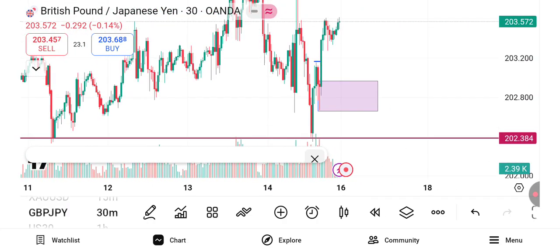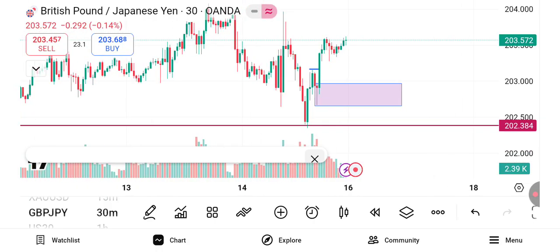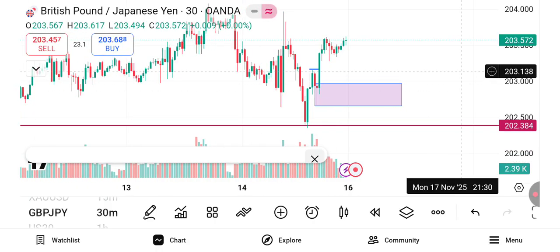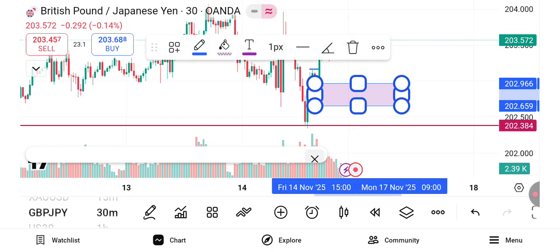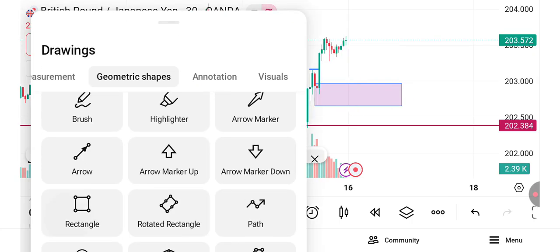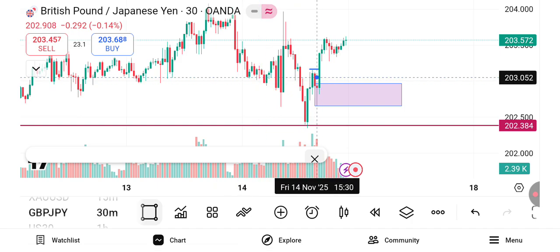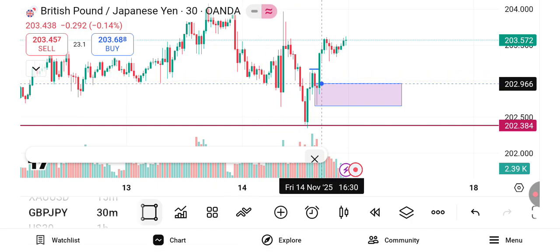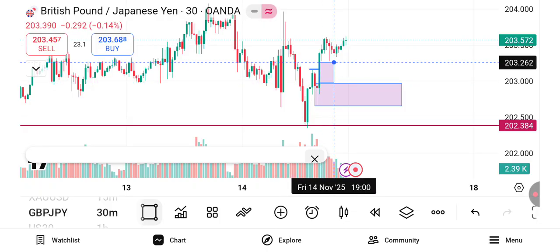So I prefer taking my trade from this FVG. This other block should still be there, but I'm not taking my trade from the other block. I'll be taking my trade from this FVG, from just here to here.